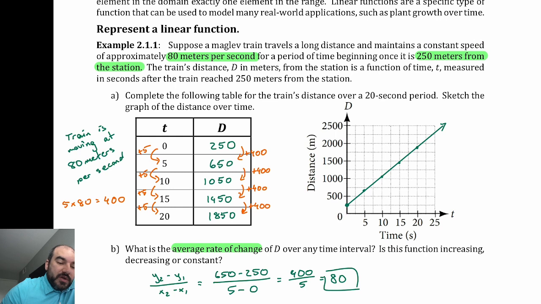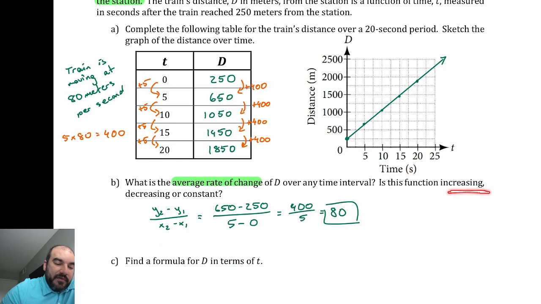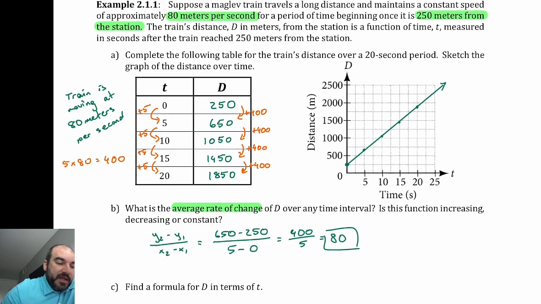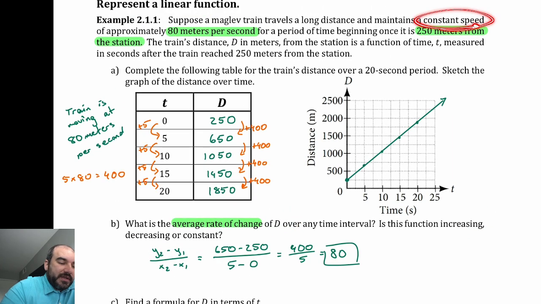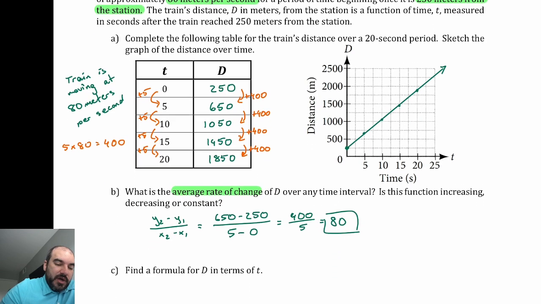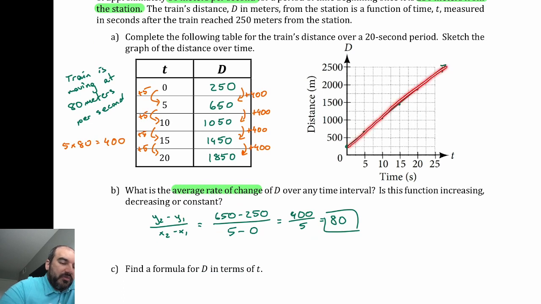But what we're asking is if d is increasing, decreasing, or constant. The thing that's remaining constant is the speed of the train, which is the average rate of change. So average rate of change can be constant, while the function d, the numbers that represent the distance from the train station, are increasing. So this is going to be an increasing function.